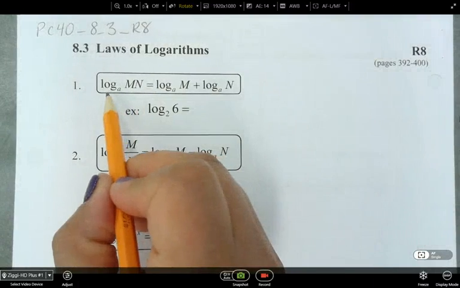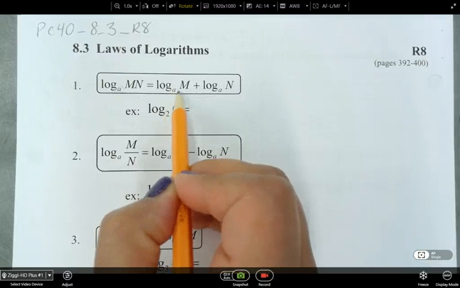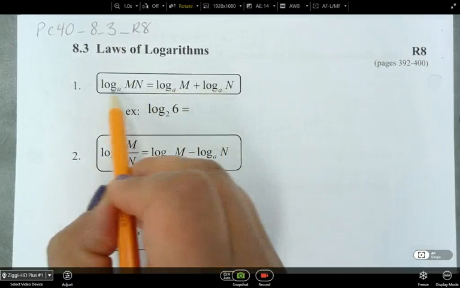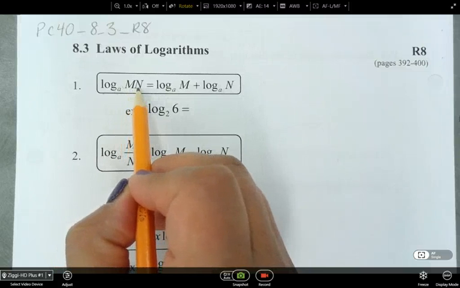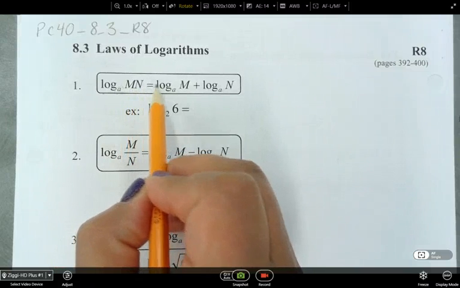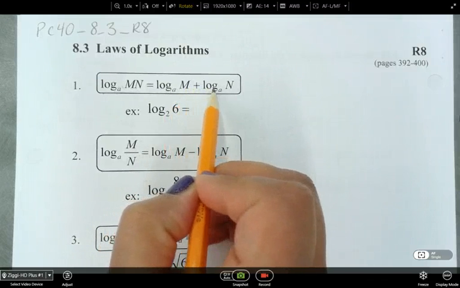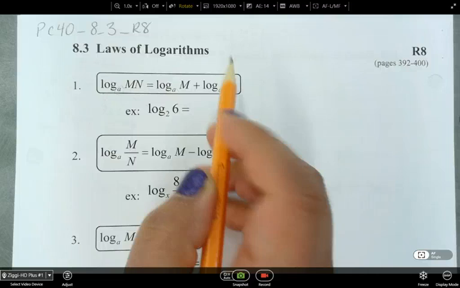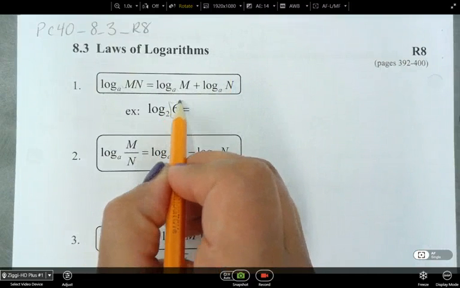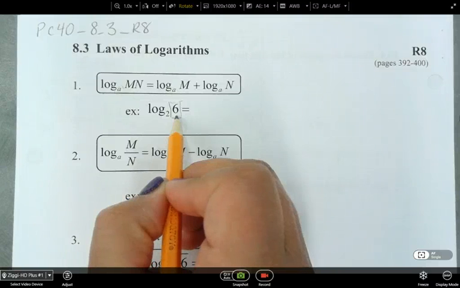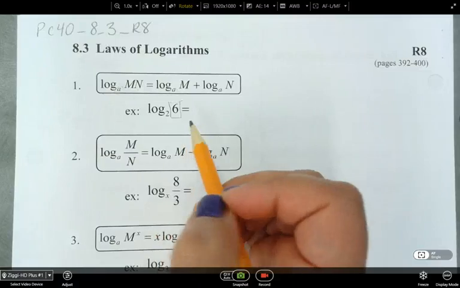So the first one we have here is, you notice that the bases are the same all the way across. So you've got log base a of m times n equals log base a of m plus log base a of n. So pretty much what you can do is break up whatever's here into factors and then separate them and write them out as separate logs.